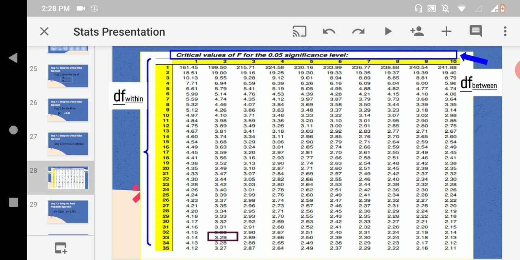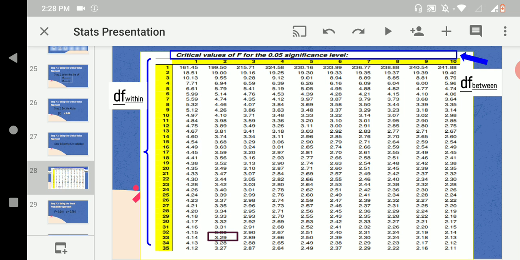And the 1 to 35 at the left side of the table is the DF within. So our DF between is what? Let's circle again. Our DF between is 2. Very good. And our DF within is 33.